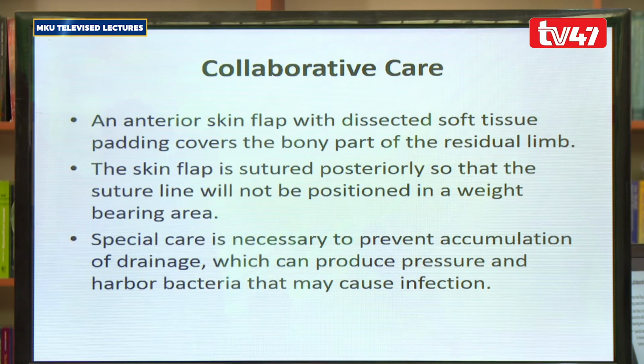Later on, we shall discuss phantom pain. So we are supposed to cover the bone with flaps. These flaps will be able to carry the weight by use of the prosthesis.